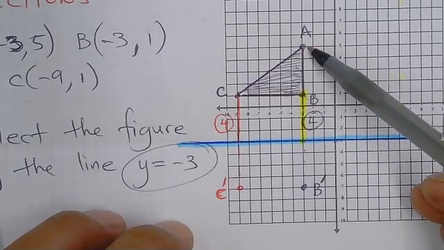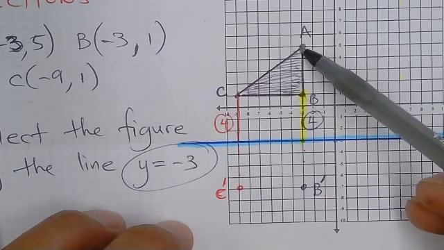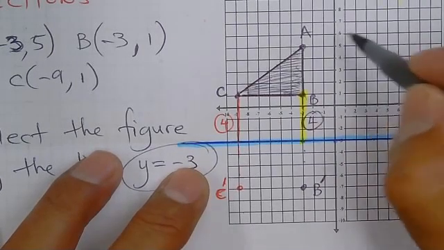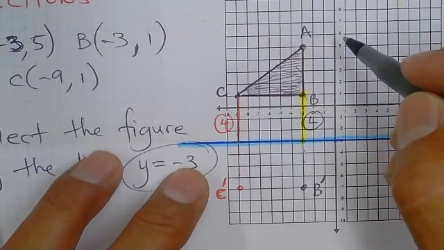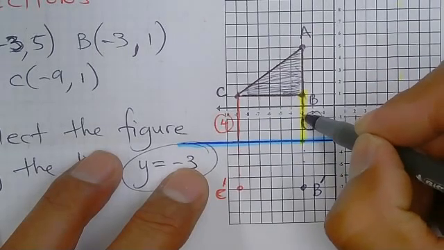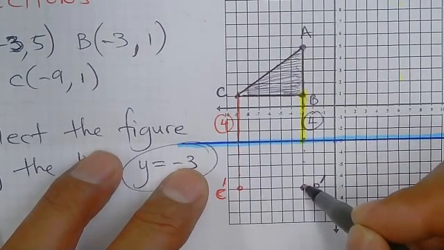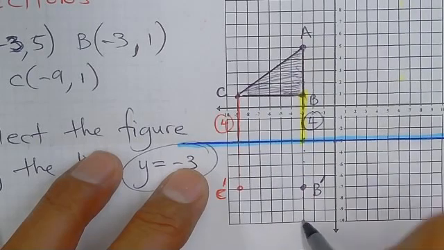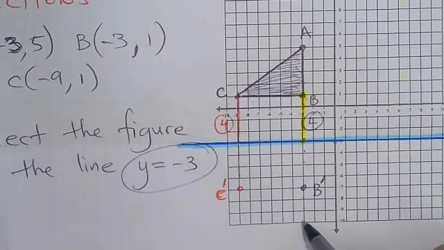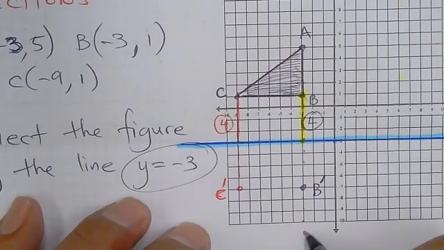And this one, how many units from here to this blue line, our line of reflection? 8? I think you're right. 1, 2, 3, 4, 5, 6, 7, 8. So 1, 2, 3, 4, 5, 6, 7. Oh, it's only 1 point off. It is 1 off the grid.